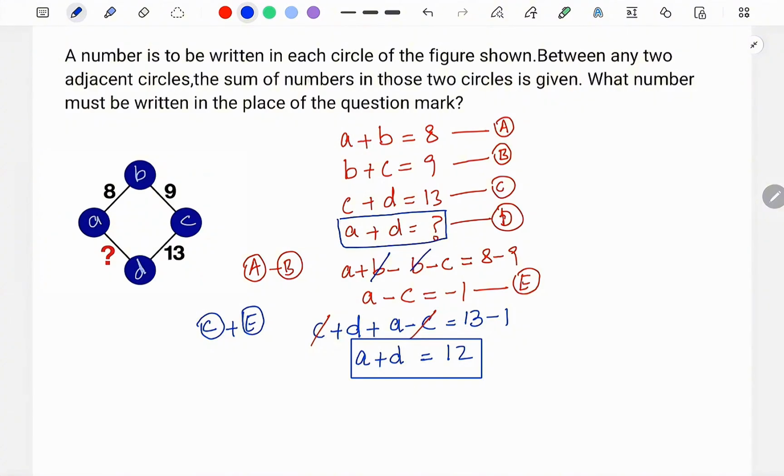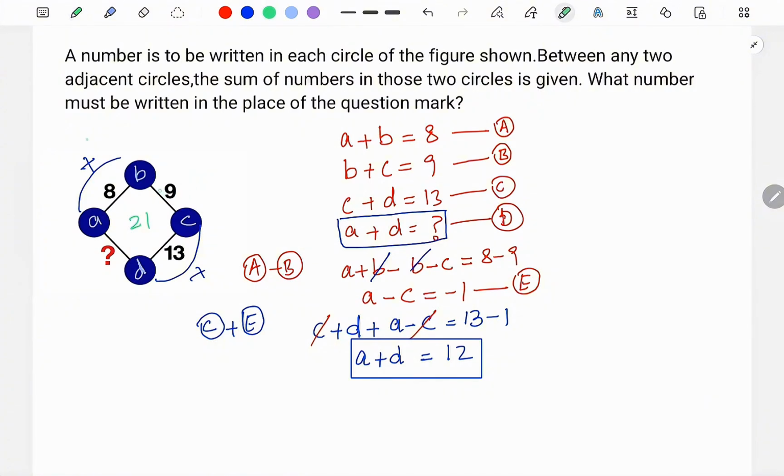There is another shortcut method to find the sum of a and d. Here you can see that a plus b is equal to 8 and c plus d is equal to 13. It means the sum of two numbers is this and the sum of two numbers is this, so the sum of four numbers is 21, the sum of 8 and 13.